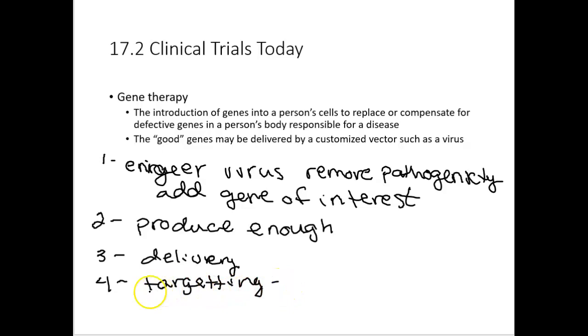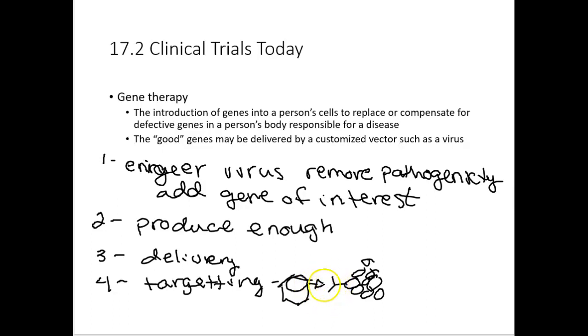In order to target it, right, you really need to target it to a specific cellular receptor. So if you've got lots of cells in the body, you really need to pick a receptor that's going to be unique. So if you want to target hepatocytes, you're going to use a targeting ligand on your virus that is specific to that receptor.